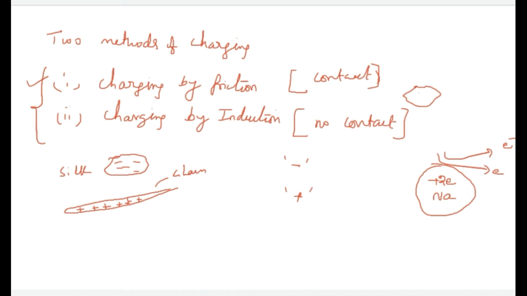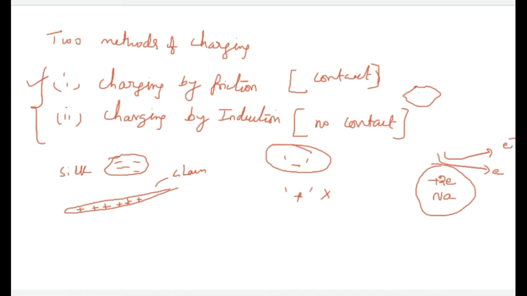But when I am removing the electrons from the outermost shell, the valence shell, automatically the number of protons becomes more than the number of electrons. So I am creating an asymmetry, and it is showing the more positive nature. So here only the negative charge is being shifted from one body to the other body, not the positive.